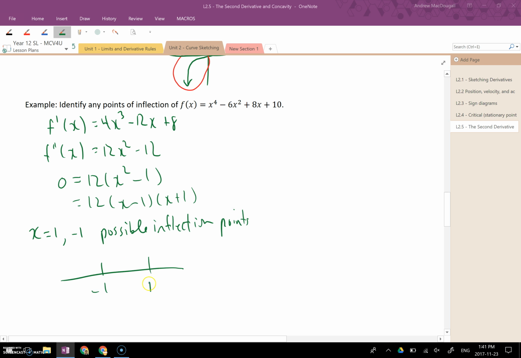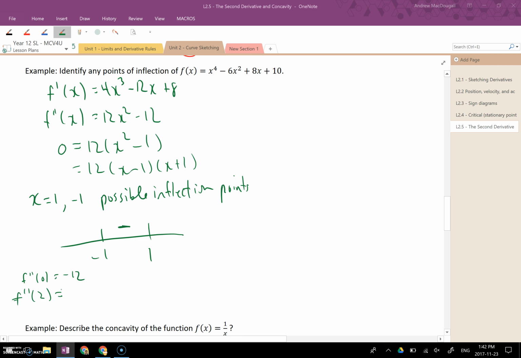We've got -1, we've got 1. Let's see, f double prime of 0 is -12, so this is definitely negative. F double prime, let's do 2, is 12 times 1 times 3, so it's positive, greater than 0.